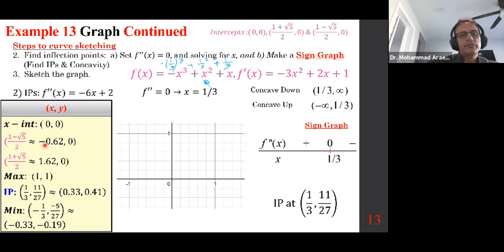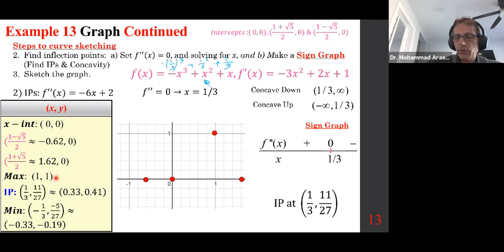X-intercept at 0, 0. X-intercept at 1 minus square root of 5 over 2, roughly negative 0.620. Another one at 1 plus square root of 5 over 2, about 1.620. The maximum occurs at 1, 1.